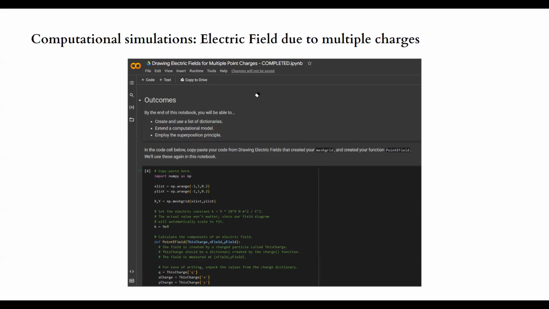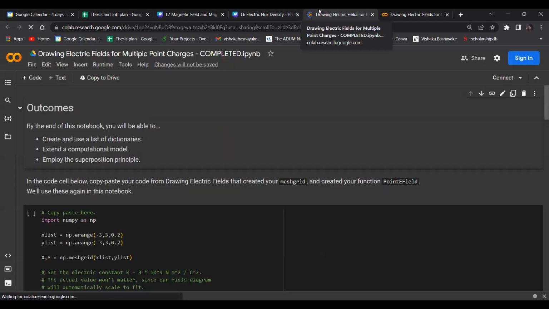The electric field depends on the amount of charges available in the space. Based on the distribution of the charges, the electric field generated in that region also varies. So we can get some idea about how we can code this.